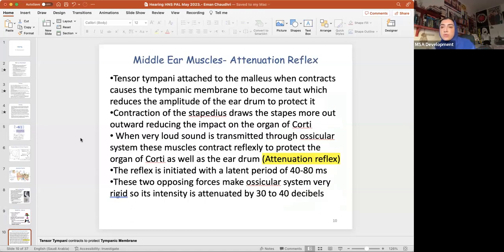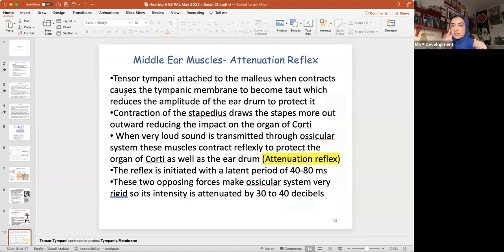But specifically, what we need to understand about the ossicles and about the attenuation reflex is how they actually are working in context of when sound is traveling through. So let's just say a sound travels through and it hits your tympanic membrane, and your tympanic membrane starts moving. Your malleus is attached to the tympanic membrane, right?